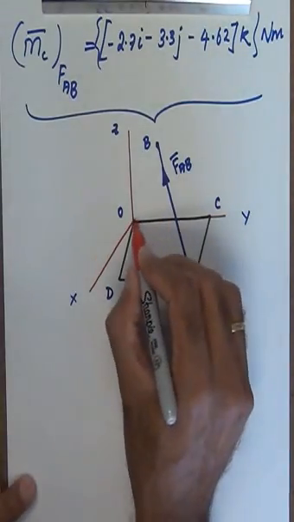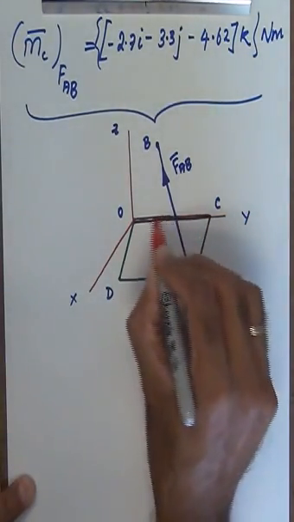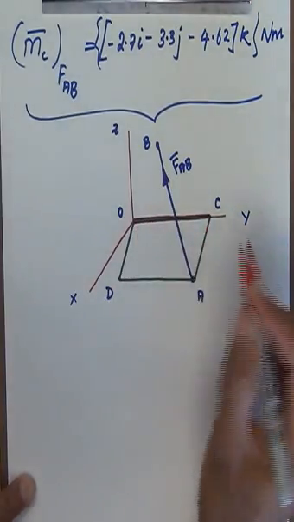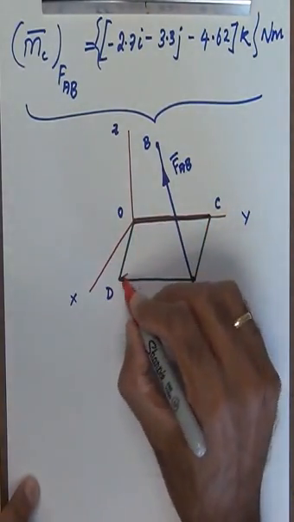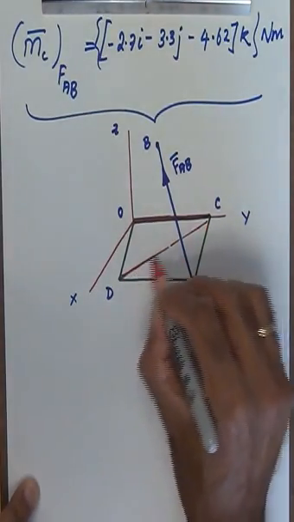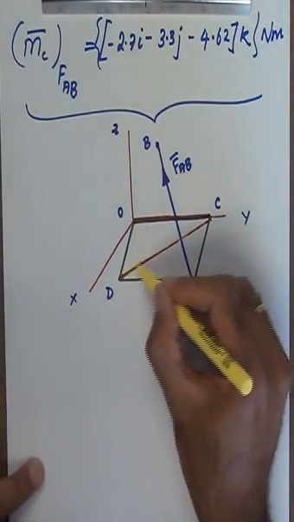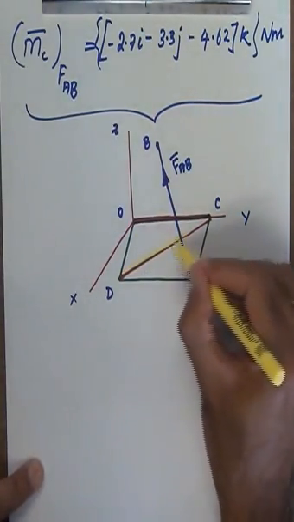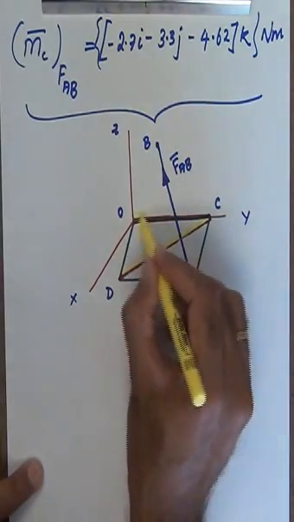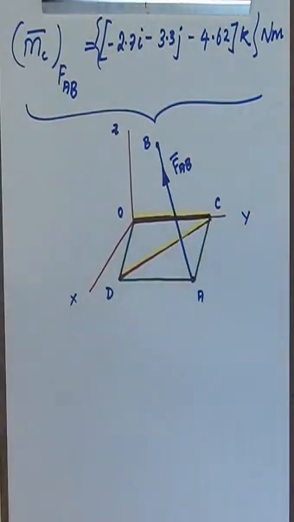I have two lines of interest here. One is the line joining the point O and the point C, which is the hinged axis for me, and another is the line joining the point D and the point C. Both are lines of interest, and I need to find the moment of the force about that particular line.